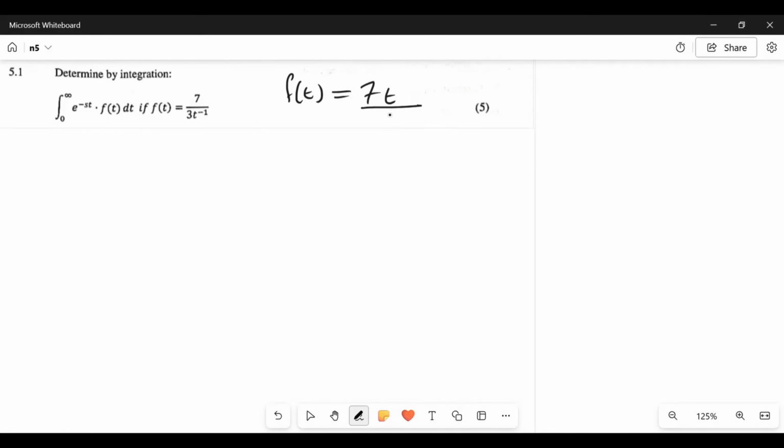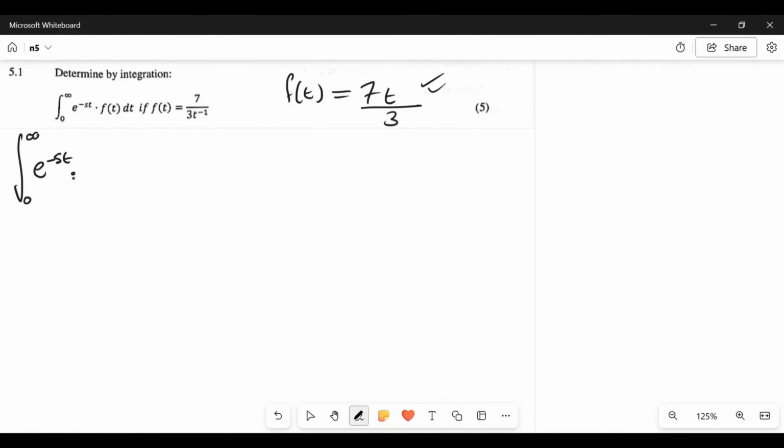And then on the denominator, we're left with only 3. Right, now let's rewrite this in this form. So we have sigma, the upper limit, which is infinity, the lower limit, which is 0, and we have e to the power of negative st multiplied by f of t.